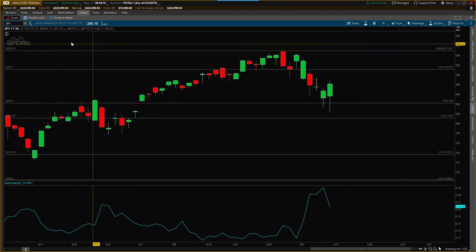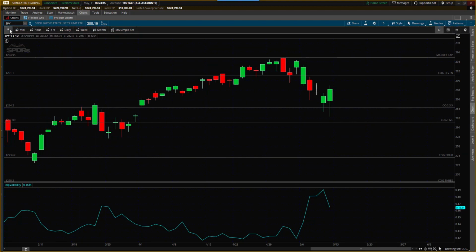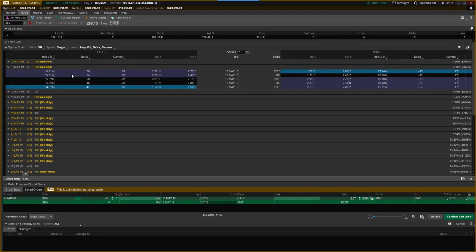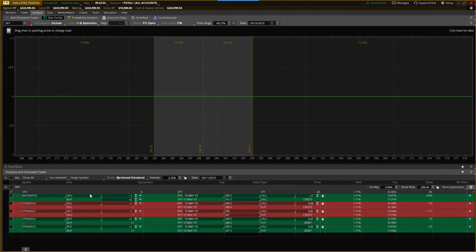And so if we were thinking about participating in this volatility, we could put on a strangle or a straddle looking to see a break to the upside or the downside in any product, but for our purposes right now, for SPY.